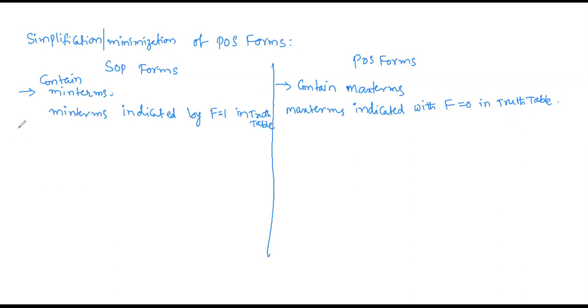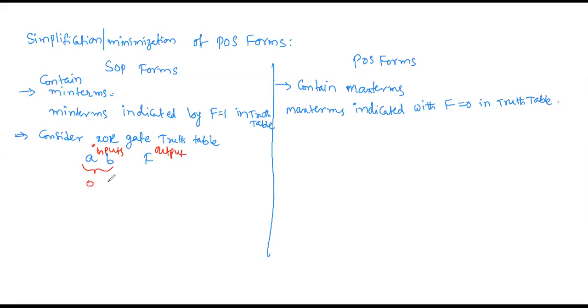Okay. The second point is common to both. Consider the XOR gate truth table, the two-input XOR gate truth table. A, B are the inputs, F is the output.